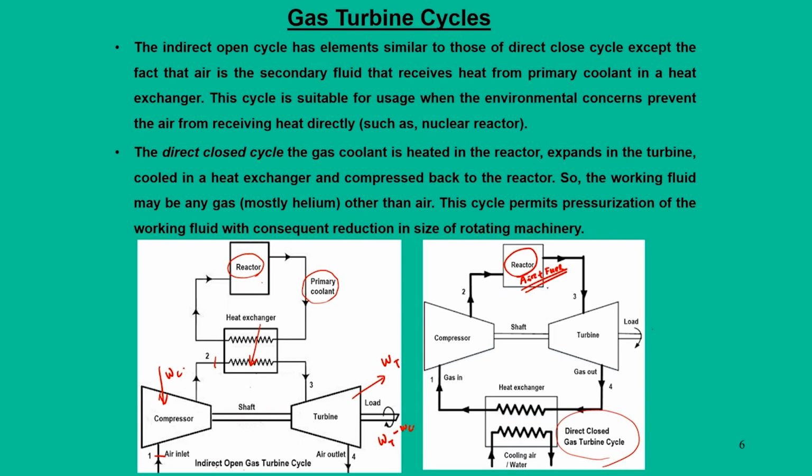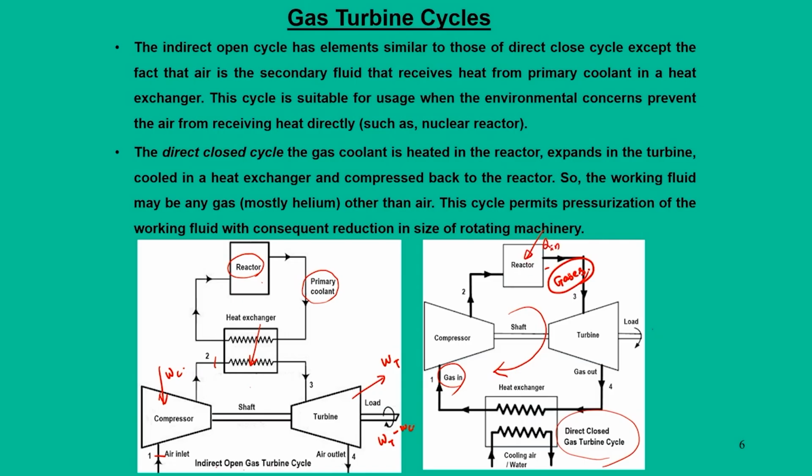Basically, instead of air, we have a choice of any other gases that can be continuously circulated in these cycles. Let us say some gas enters the compressor, and after compression it goes to state 2 and enters a reactor. I use the word reactor instead of combustion chamber because this is where the heat addition takes place.